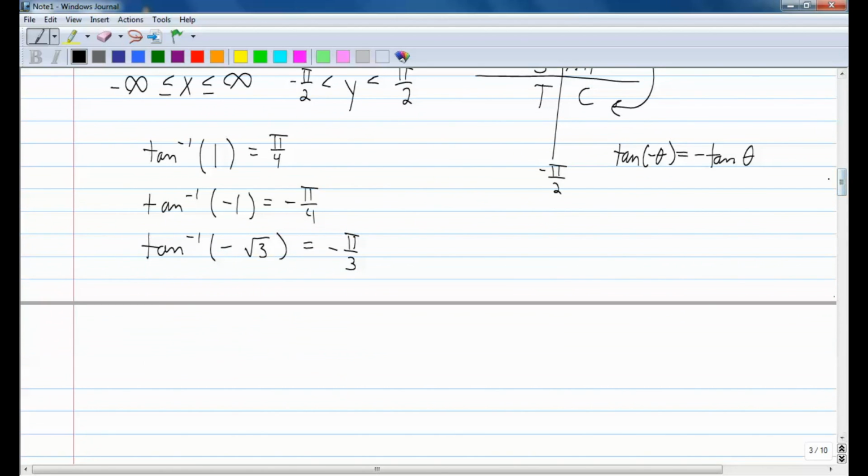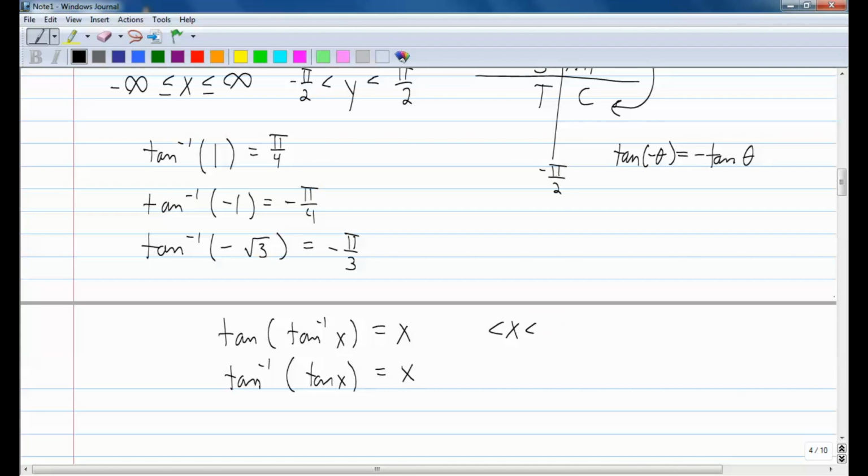The inverse functions, the tangent of the inverse tangent of x is also equal to x, just like the inverse sine worked out. And the inverse tangent of the tangent of x is also equal to x. The only difference is, if the inverse is on the inside, remember x can be anything.